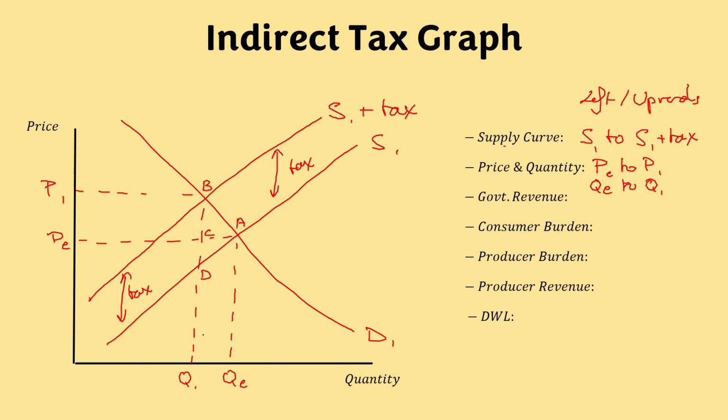So in order to calculate government revenue, first of all, we need to take the vertical distance representing the tax. As you can see, any distance here between this represents the tax.